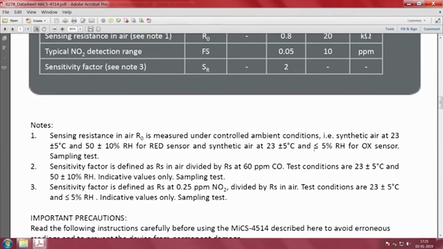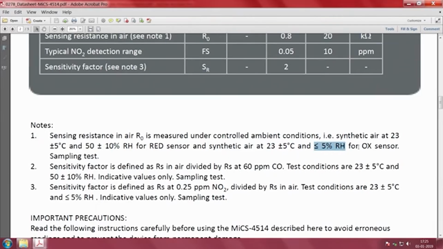Sensing resistance in air is measured under controlled ambient conditions. That means R naught. Look at the trick that you have to do. You have to fix this R naught, and the way to fix this R naught is to send synthetic air at this temperature, 23 degrees plus or minus 5, and 50% relative humidity for the reduction sensor, and synthetic air at 23 plus or minus 5 degrees and less than 5% relative humidity for the oxidation sensor.